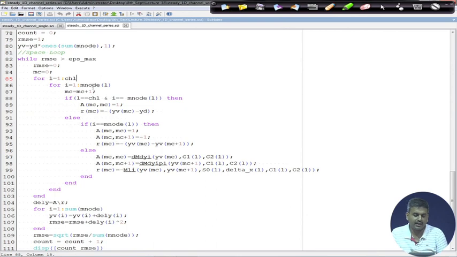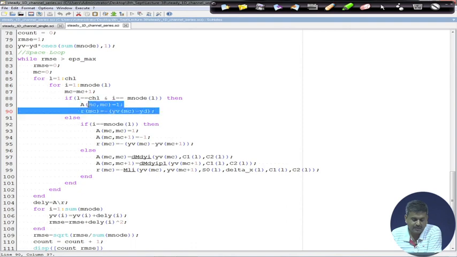After entering into this loop, we will increase this MC, and this is CHL, I node, M node. So, for this one we need this condition, which is the specified depth here.